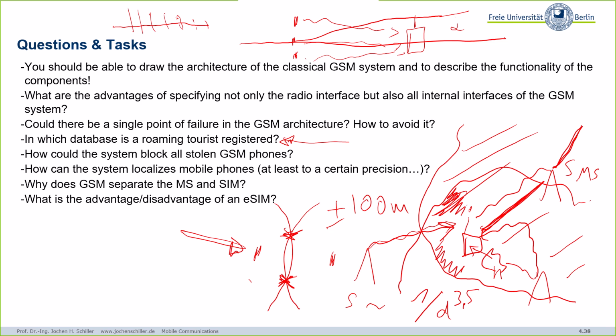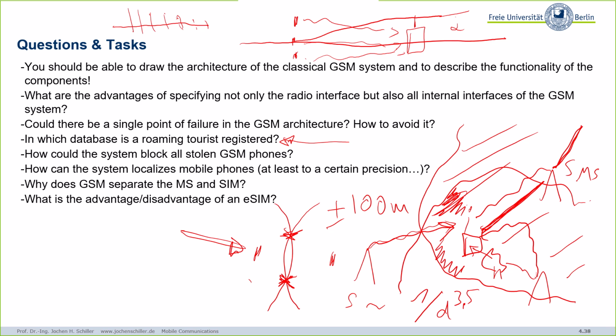If the phone is stolen, including the SIM, you need a new SIM together with a new phone. But if you have an eSIM, then you don't need an additional new SIM. You just need a new phone, and then you download the configuration automatically onto your phone. This downloading of the eSIM is not under control of the operating system.